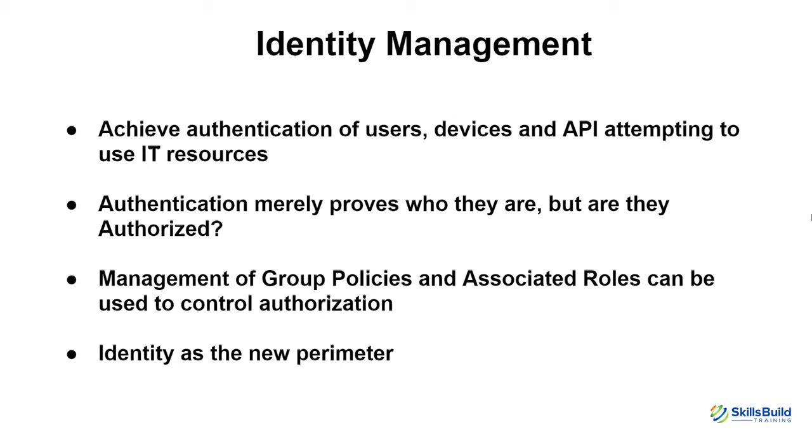You probably read this a million times. The perimeter is gone. But if you think about it, identity is the new perimeter because that's how you control the traffic. You control who gets authorized, what gets authenticated. It's there for you. You can do that with identity management.